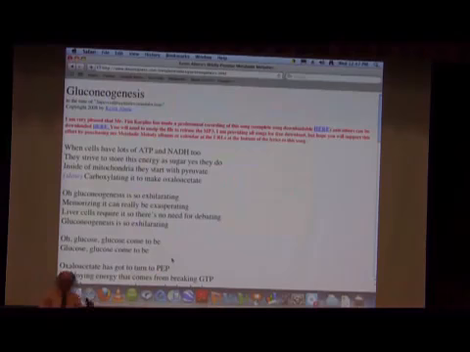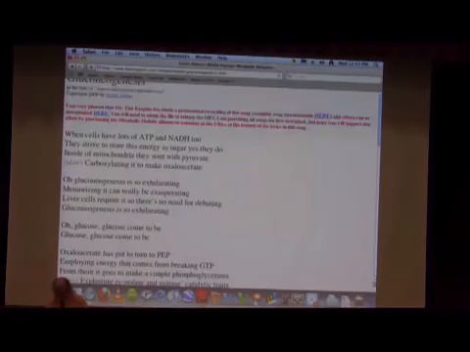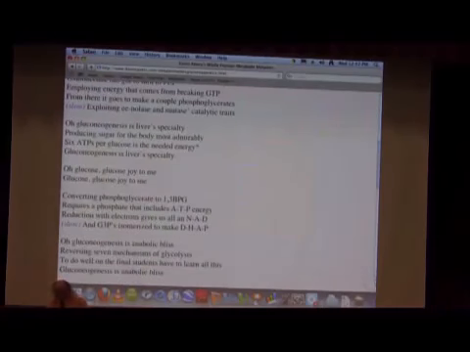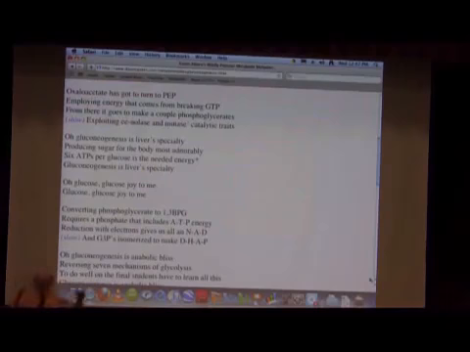When cells have lots of ATP and NADH2, they strive to store this energy as sugar, yes they do. Inside a mitochondria, they start with pyruvate, carboxylating it to make oxaloacetate. Oh, gluconeogenesis is so exhilarating. Memorizing it can really be exasperating. Liver cells require it, so there's no need for debating. Oxaloacetate has got to turn to PEP, employing energy that comes from breaking GTP.